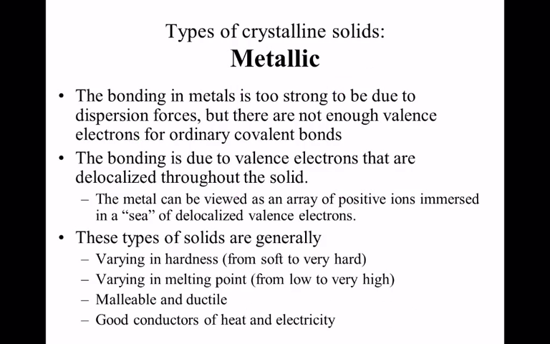Okay. This is one of my favorites. The metallic solids. So like when you pick up, in the lab or whatever, a piece of iron, a piece of aluminum, it's a metal and it's a solid. So basically those atoms are held together by these dispersion forces.